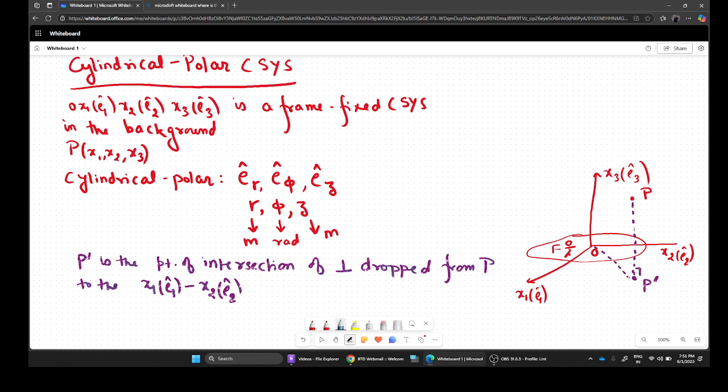Let's also join the points P prime and O.